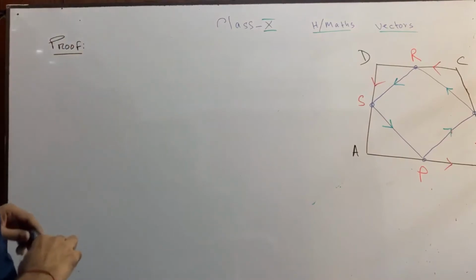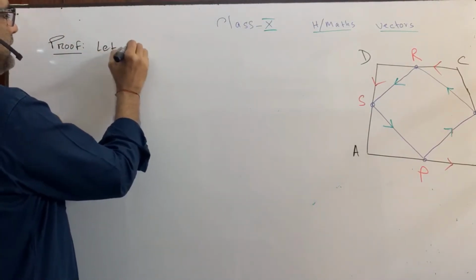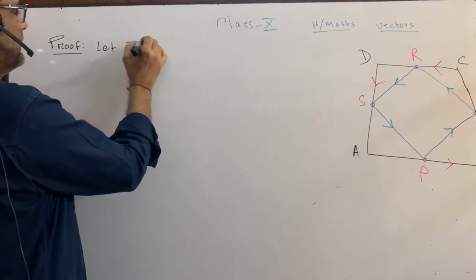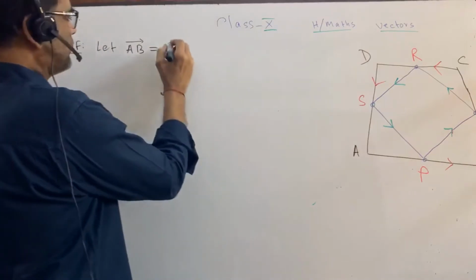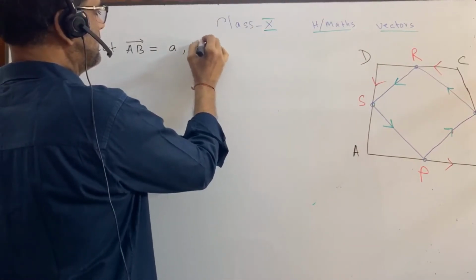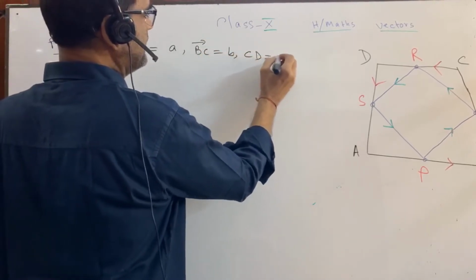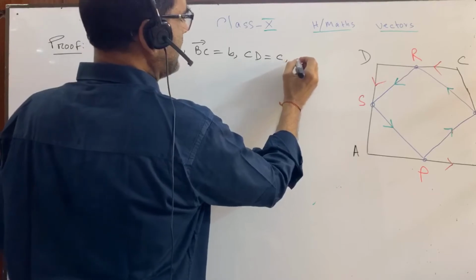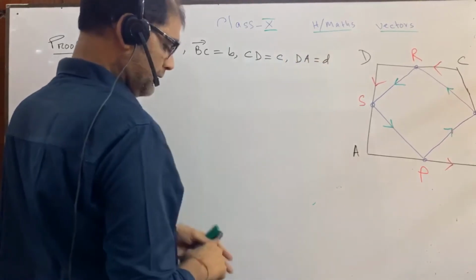Let AB equal to a, BC equal to b, CD equal to c, and DA equal to d.